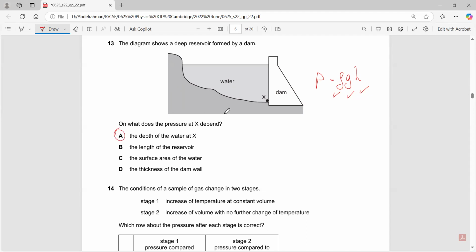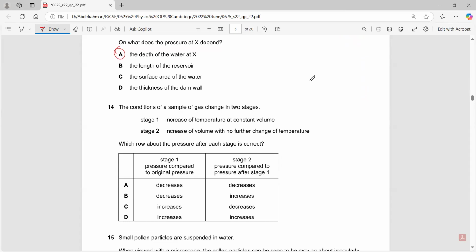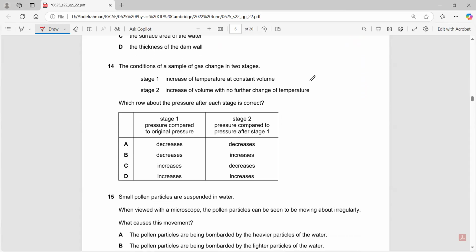The conditions of a sample of gas change in two stages. Stage 1, increase of temperature at a constant volume. Stage 2, increase of volume with no change of temperature.